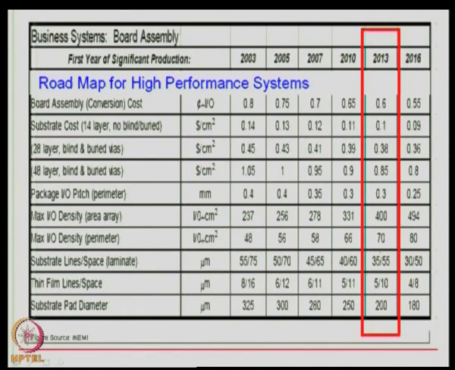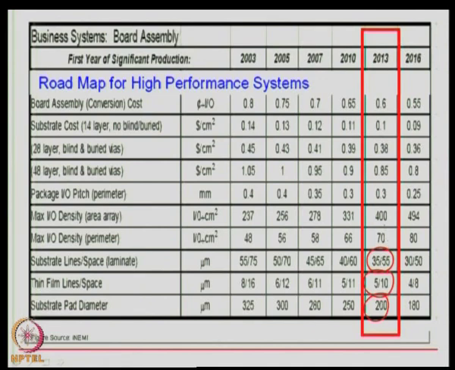Substrate line and space, for example, 35 micron, 55 micron space, thin film lines 5 micron and 10 micron space, substrate pad diameter is 200 microns, area array maximum I/O density is 400 I/Os per centimeter squared. That is the kind of density we are looking at.